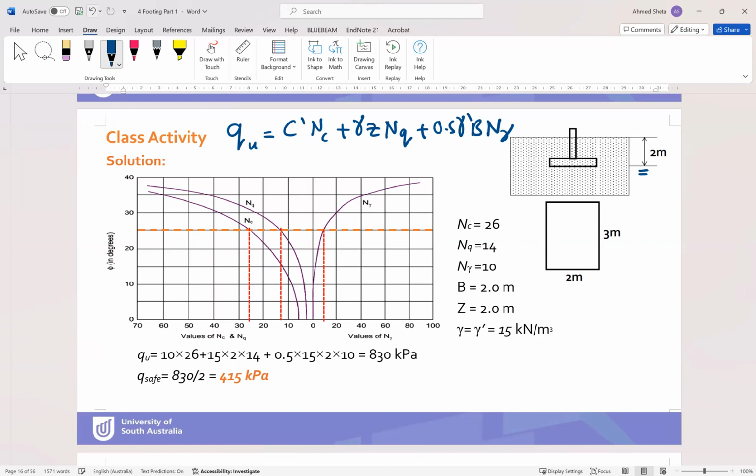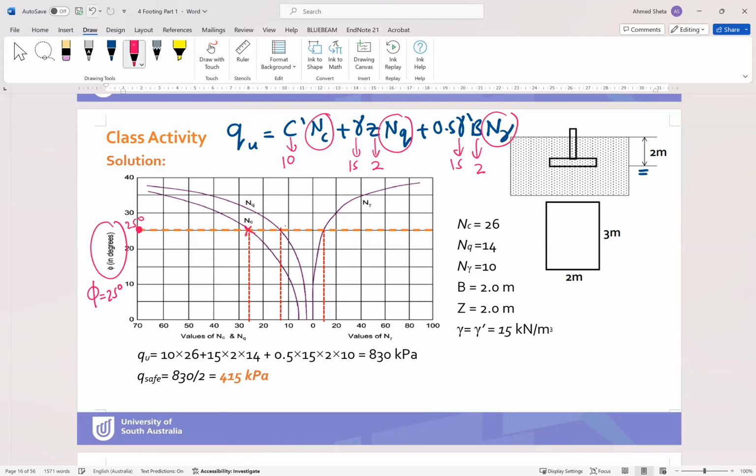Okay, so what we know from this formula is C dash 10, gamma 15, Z 2, gamma 15, B 2. So we need to find these three parameters using this chart and phi equal to 25 degrees. So here is the point of 25 degrees.